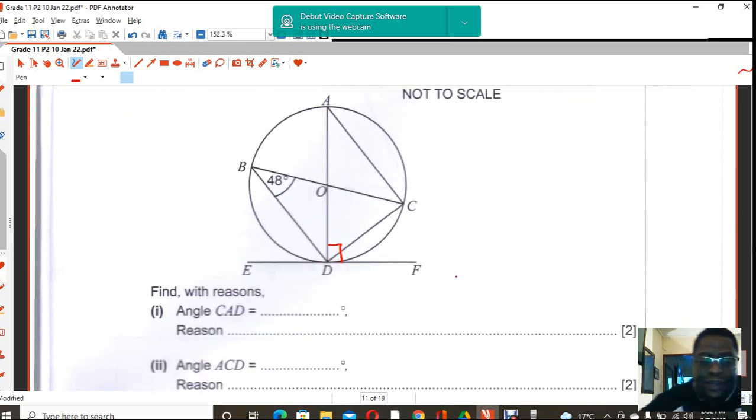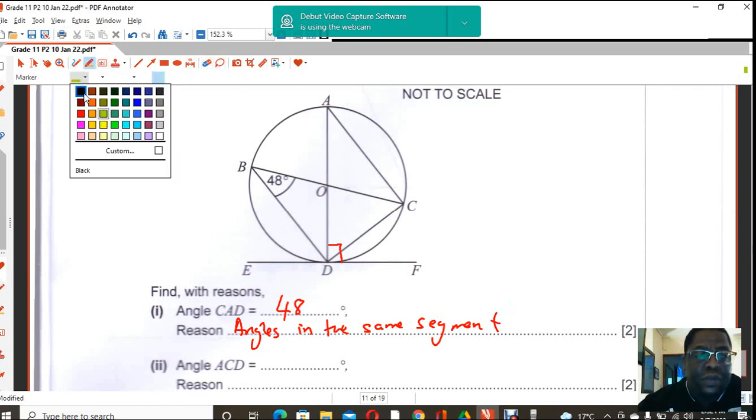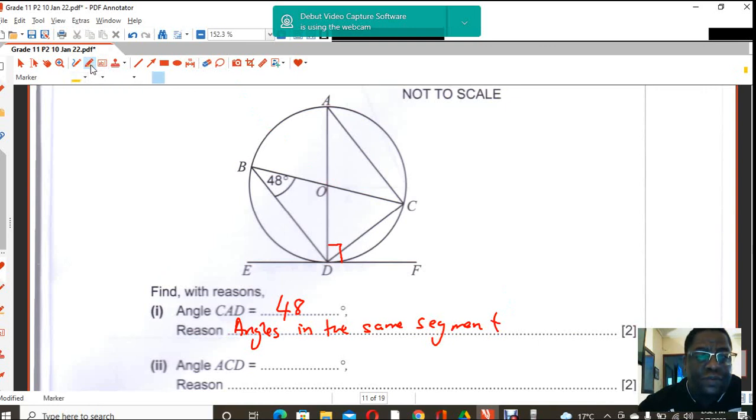So CAD, finding that angle with a reason. CAD is 48 degrees, and it's angles in the same segment. So if you're asking me what is a segment, I am going to explain.